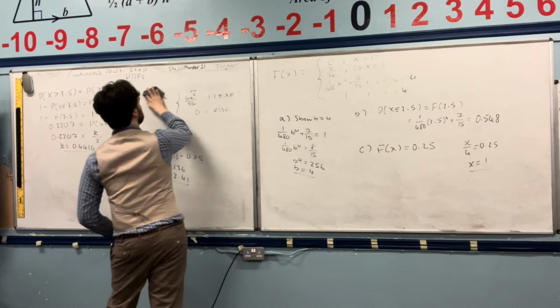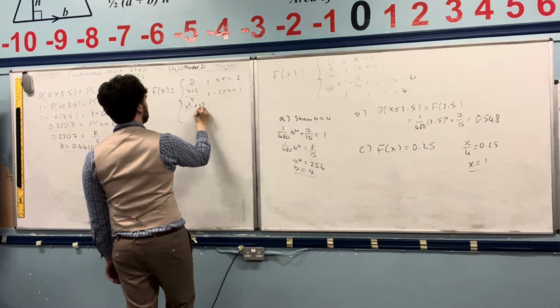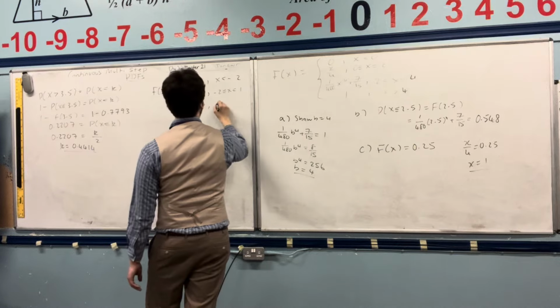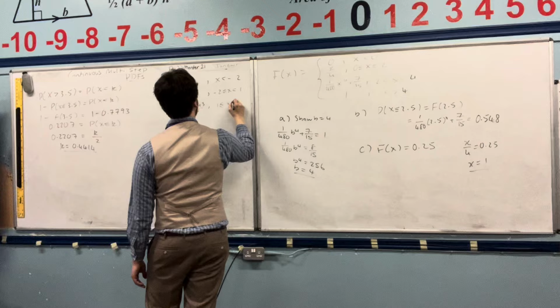So the question is 0 for x less than -2, and like I mentioned when we started this, x can absolutely be negative. It's for 1 to 2.